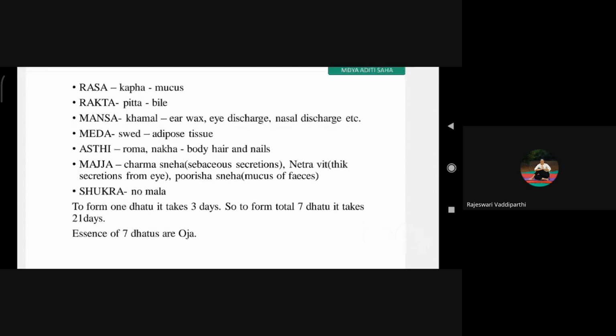We can see that sukra or oja is more in their body, and that is why they glow differently. Some people around you also glow differently. They do not use any cosmetic product, but their glow attracts you. That glow is from oja only.